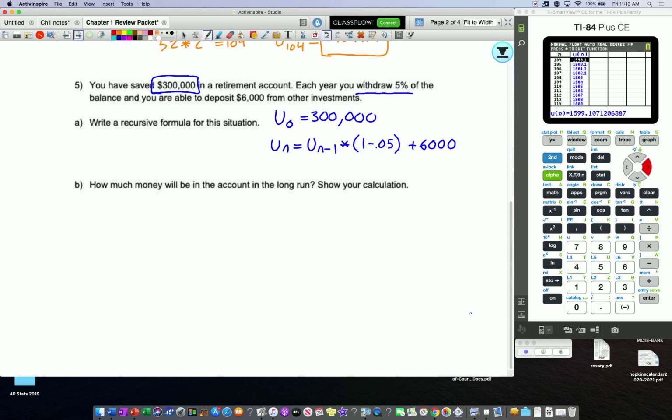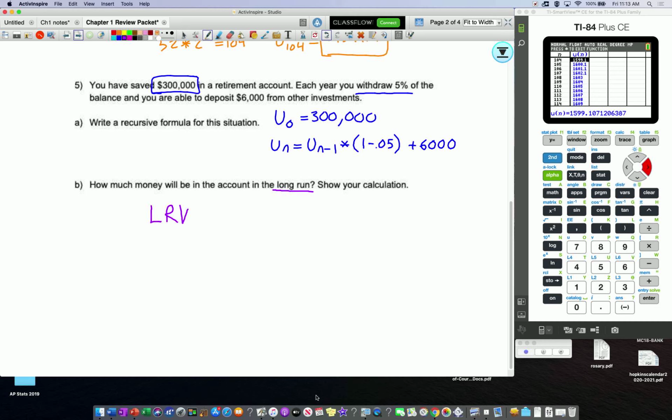All right. So all we had to do is write the recursive formula for it. So in part B, it says how much money will be in the account in the long run. So really, you could put it in the calculator and then just keep on going, you know, year after year after year after year. But remember, long run value is a nice formula.